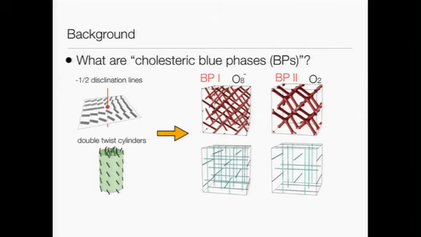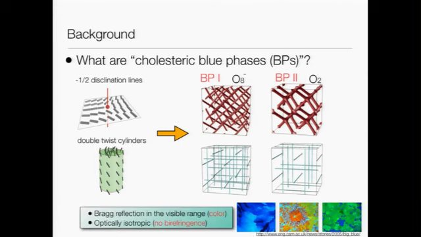The lattice spacing is of the order of the wavelengths of visible light, and thus it shows Bragg reflections in the visible range. That means these blue phases show color, as shown in the right picture.